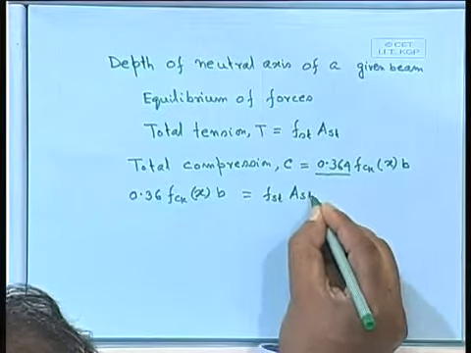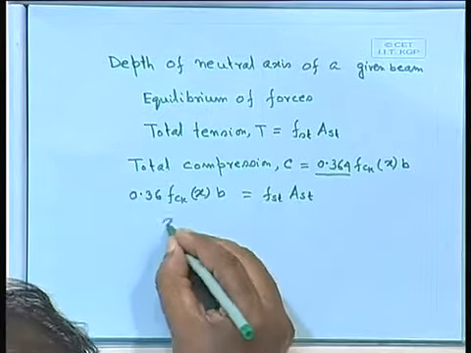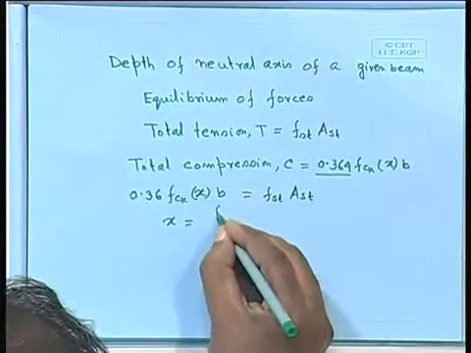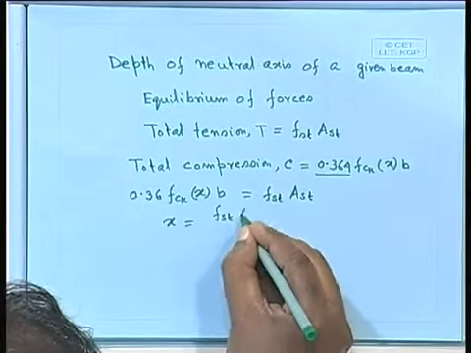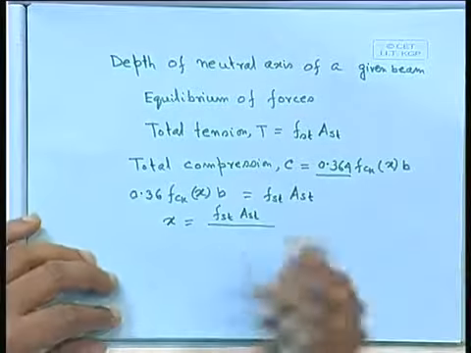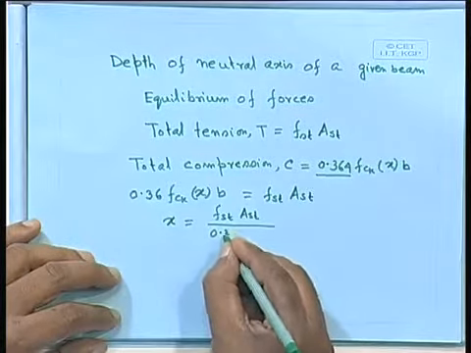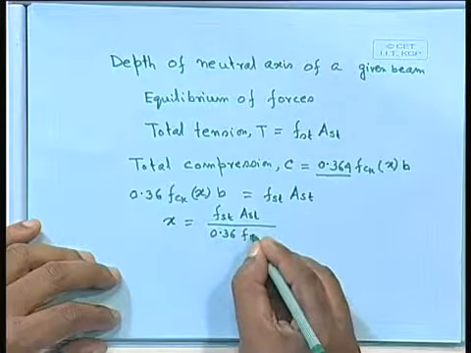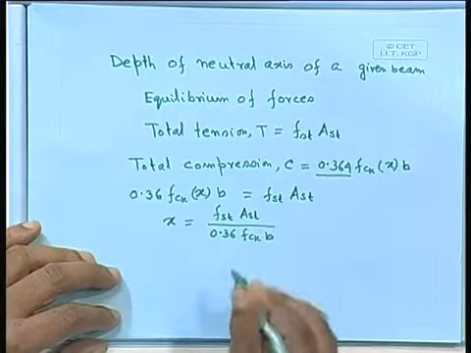fst Ast equal to 0.36 fck bx, so x equal to fst Ast divided by 0.36 fck b.